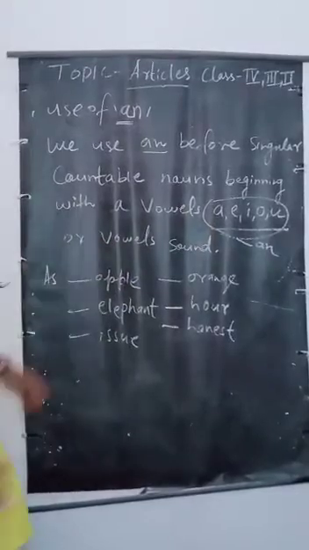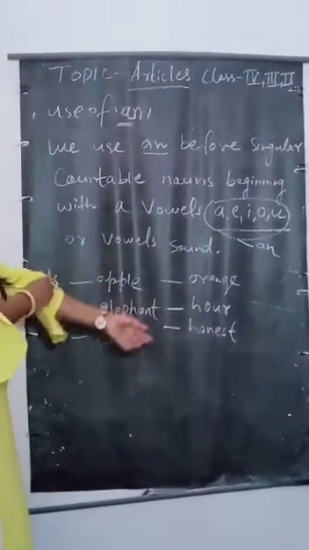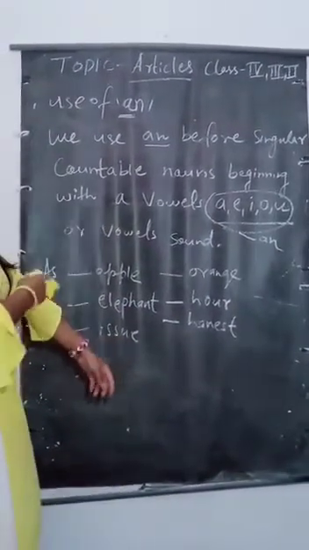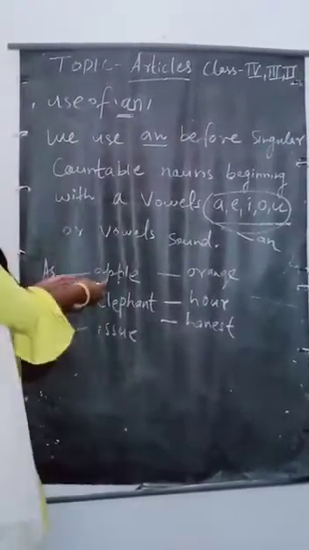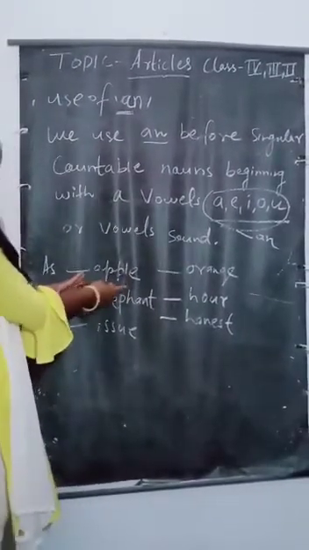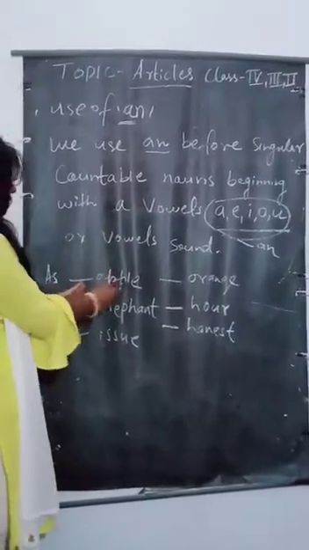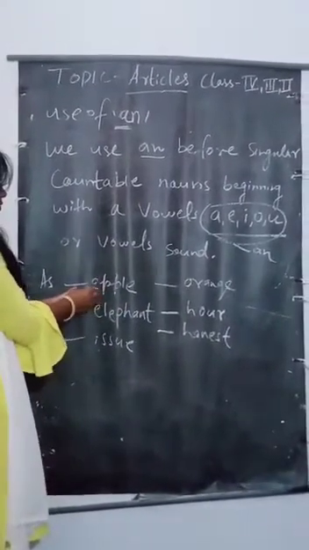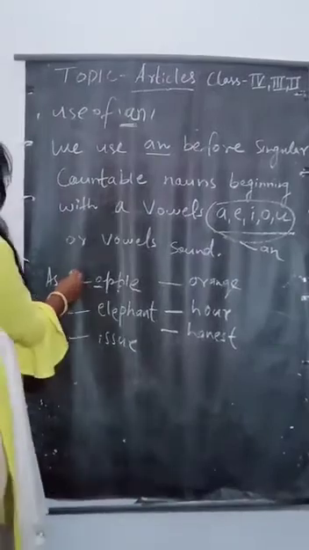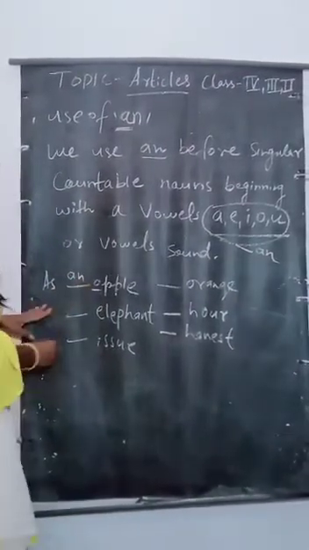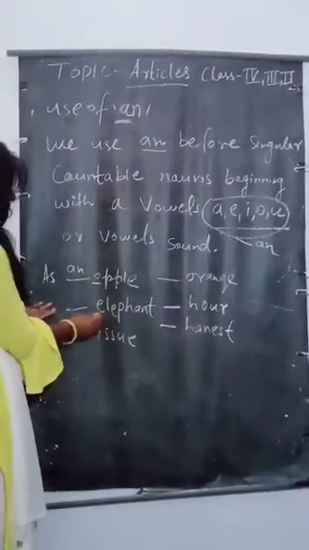Here are examples. Now look at these examples carefully and try to understand. Here is the word apple. Its first letter begins with a vowel, so we can use article An. Here is elephant.